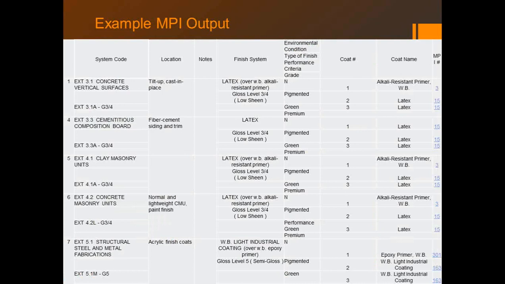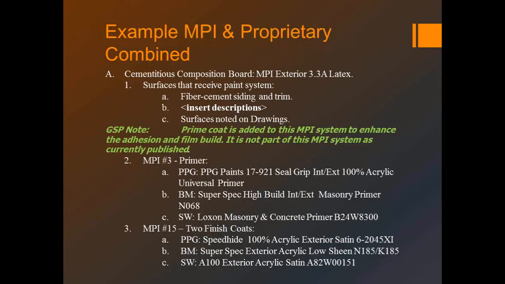That's what I got confused about, and I called my favorite local paint guy, and he helped me come up with some systems. And here's an example where we're using some of the MPI concepts about a system, but we've taken it a step further, and we've selected 3 competitive proprietary products.